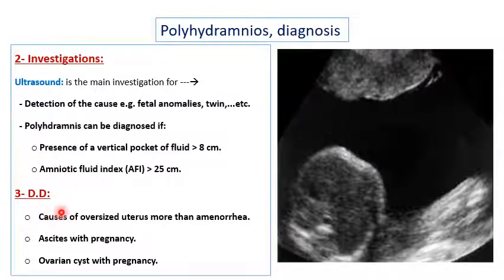Simply, all causes of an oversized uterus more than the duration of pregnancy, like twin pregnancy, associated fibroid with pregnancy, miscalculation, macrosomic baby, or associated ascites, or ovarian tumor associated with pregnancy, where the ovary is in combination with the uterus and may lead to a mistake of an oversized uterus.